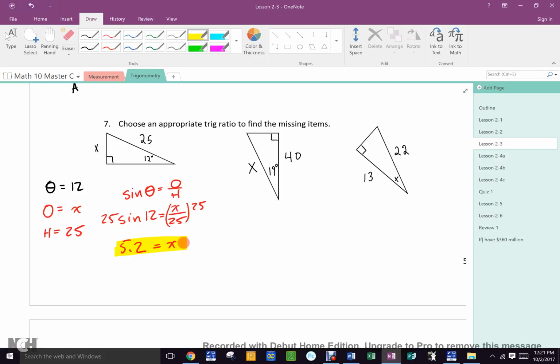Because if you understand what we wrote down and did not get 5.2, is it your math or your calculator skills that are hurting you? Your calculator skills. And who is the only person that can fix your calculator skills? You. Does anybody need to discuss how to get 5.2 on their machine right now?